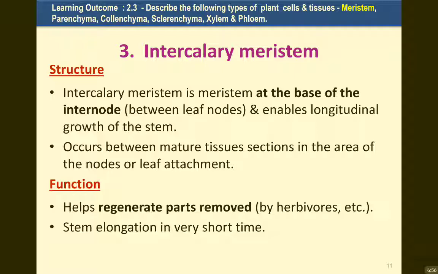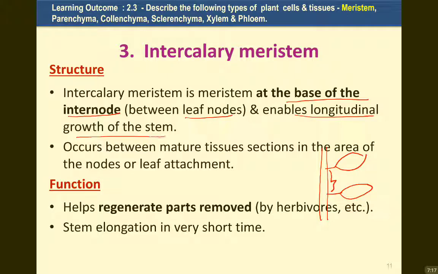Third one, intercalary meristem at the base of internode. What is internode? It means between the leaf nodes. Okay, for example here, the leaf. So this is where the intercalary meristem is located. Enable longitudinal growth of the stem. Okay, it occurs between the mature tissues. What is the function of intercalary meristem?